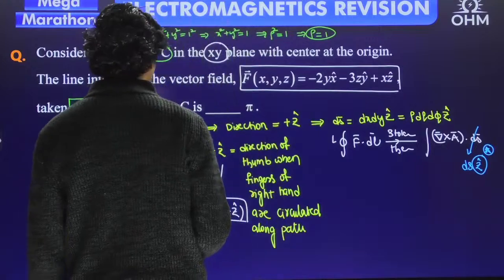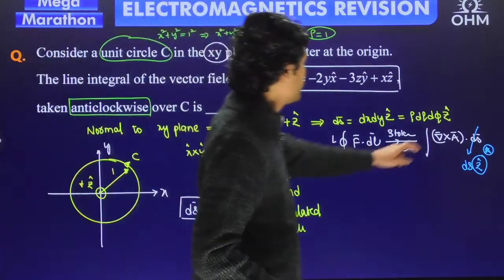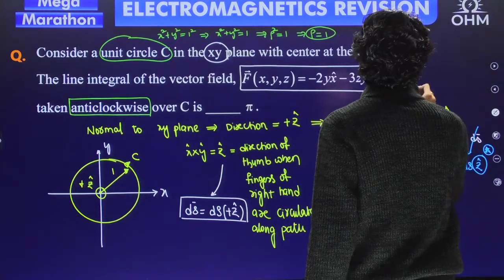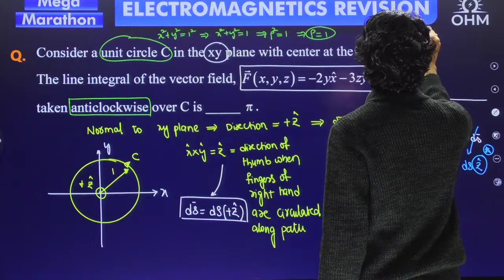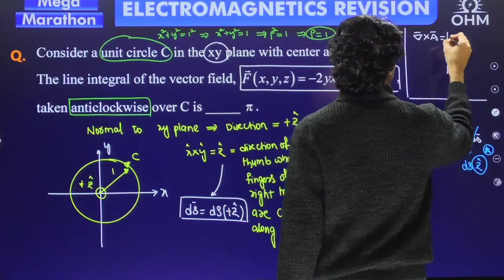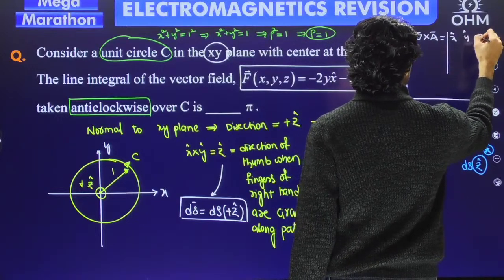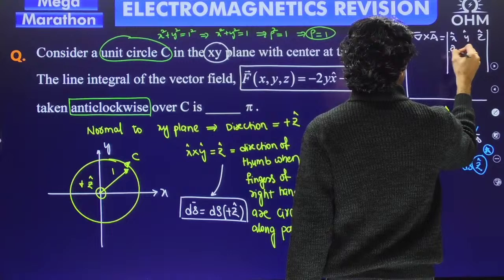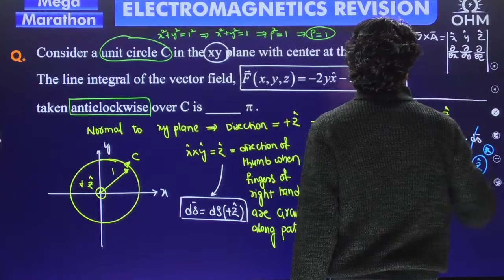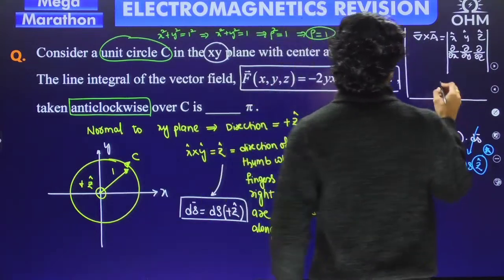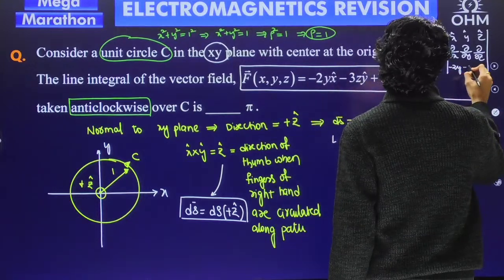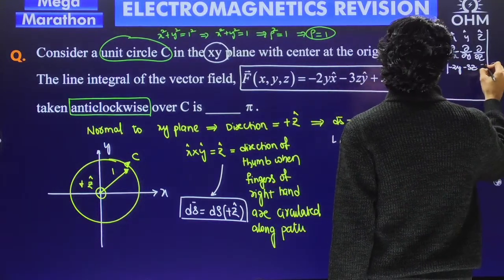I want you to help me out here in calculating the curl. I don't have enough space, but it will be a very simple calculation. What is the curl expression? Curl of a bar becomes equal to the determinant of x, y, z; dou by dou x, dou by dou y, dou by dou z; x component minus 2y, y component minus 3z, and z component x.